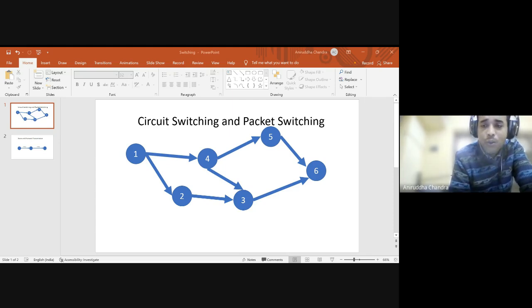An example: probably from 4G plus onwards, you have certain SIM cards where, unless you turn your data on, you cannot make a mobile call. So that means a phone call is treated as a data transmission session in those mobile phones. So such kind of things are now the case.